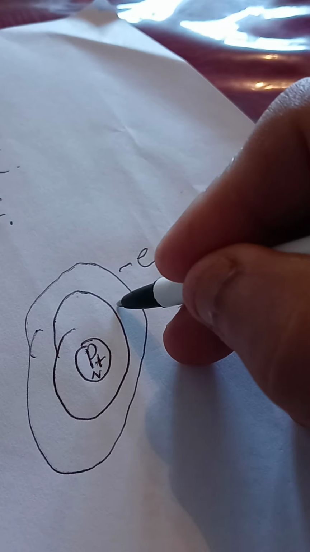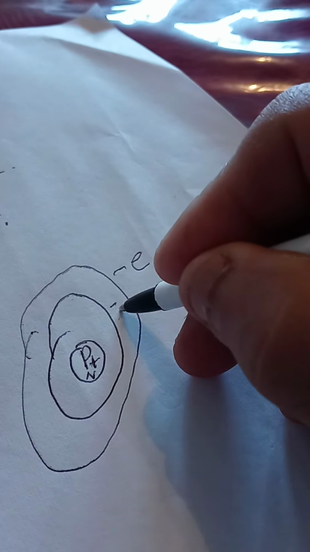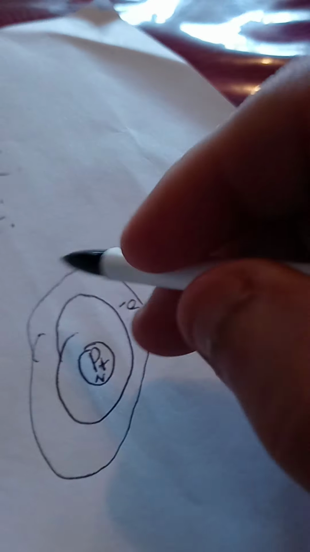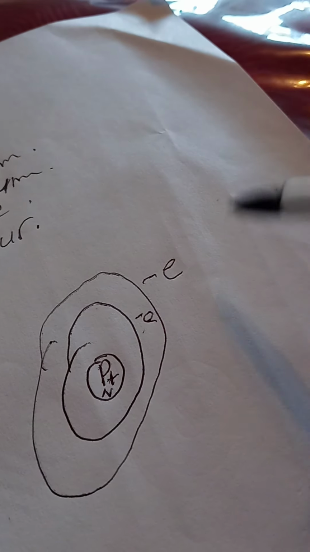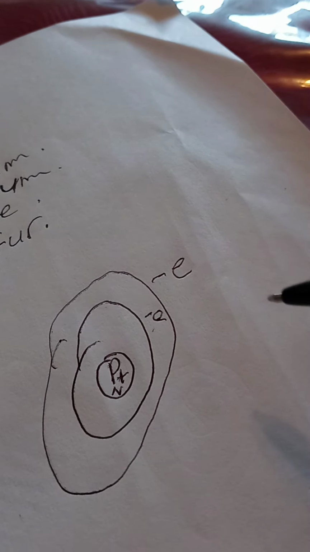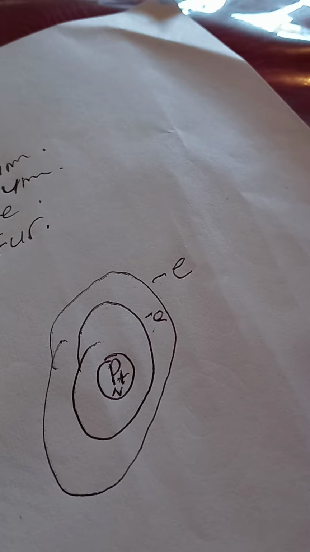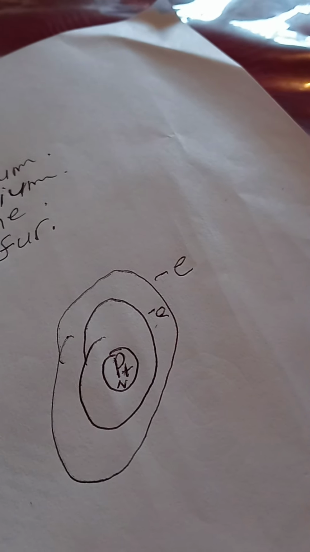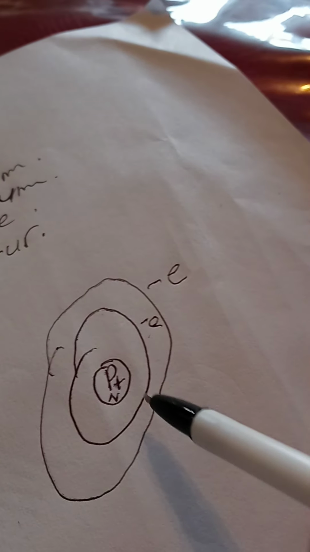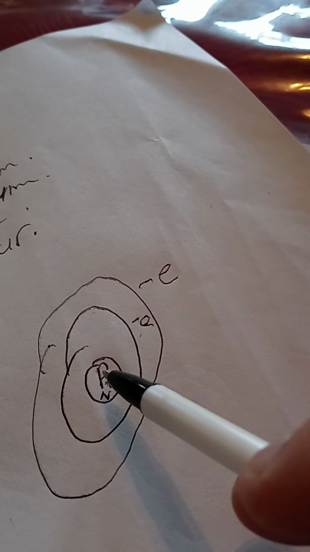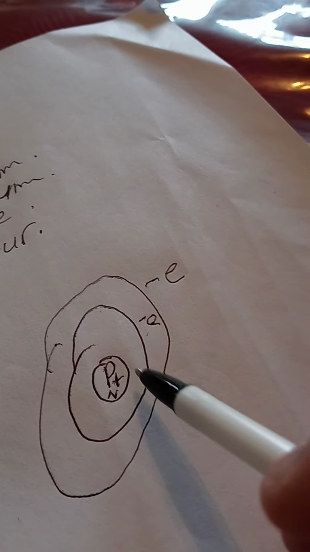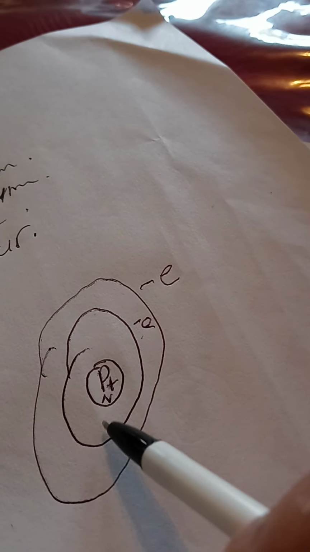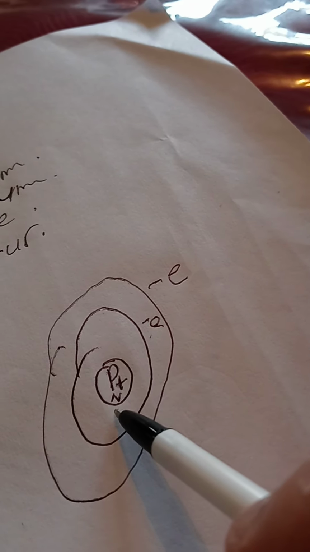You have one over here too. All around the outer shell, you have electrons, which is very important when it comes to sharing, when other elements share their electrons. We get to that later. But right now you got a center, which is P for proton, a positively charged particle, and an N, which is neutral charge.